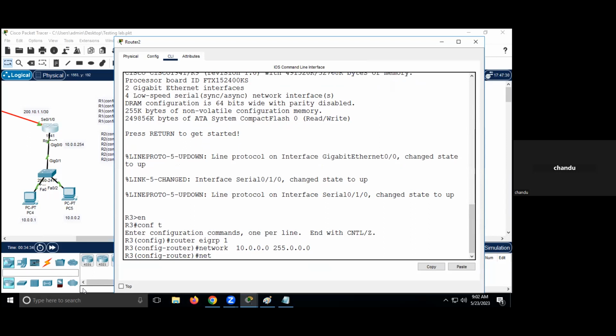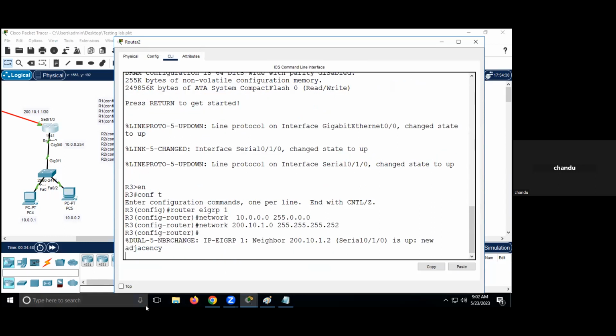You see the adjacencies have not happened because you have to do the serial, with network 10.1.1.0, 255.255.255.252. You see, soon if I give enter, the neighbor is up. Your adjacencies come.